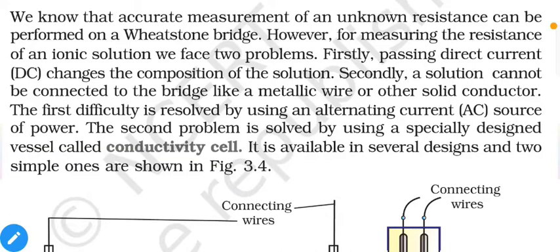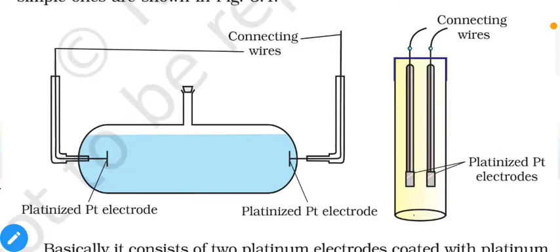But the second problem is that, unlike a solid piece of wire, you cannot connect our solution directly to the Wheatstone bridge. To overcome this, we use a specific device called a conductivity cell, which can be used to find the conductivity of unknown solutions. Two examples are mentioned here.